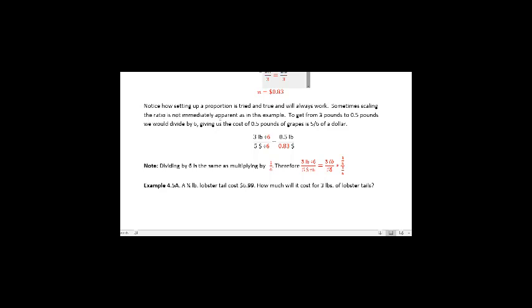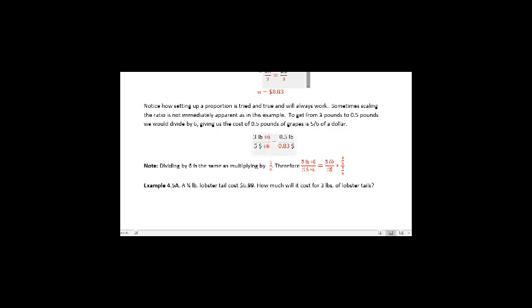Sometimes scaling the ratio, that's what we do with equivalent fractions. When we go from 3/6 to how many 18ths, multiply it by a whole number. That's pretty easy. But going from doing the scaling here, we'd have to have divided the numerator and denominator by 6 to get this, so really cross multiplying and dividing is much simpler.